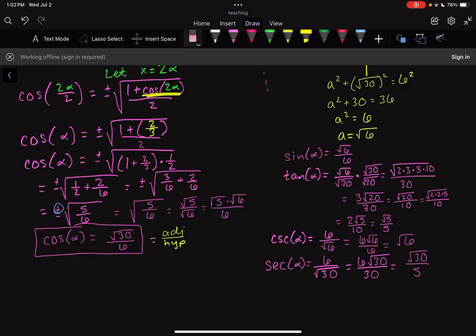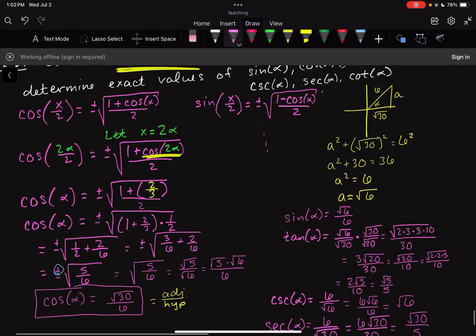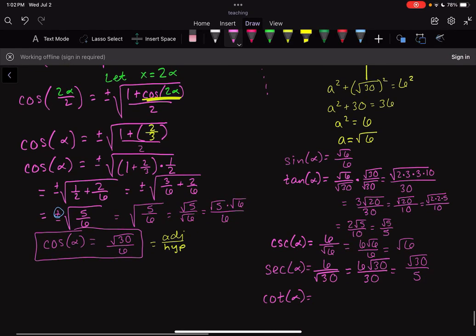And then lastly, with cotangent, it would be the adjacent over the opposite. So root 30 over root 6. The simplifying on these is crazy. So you get root 30 times root 6 over 6. And this can reduce a good bit. So let's see.